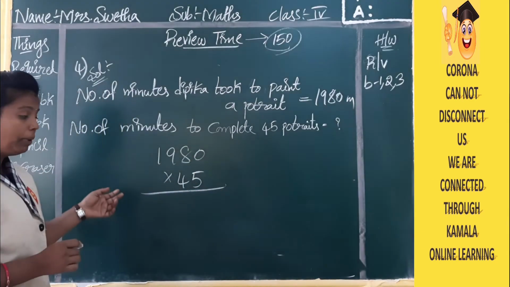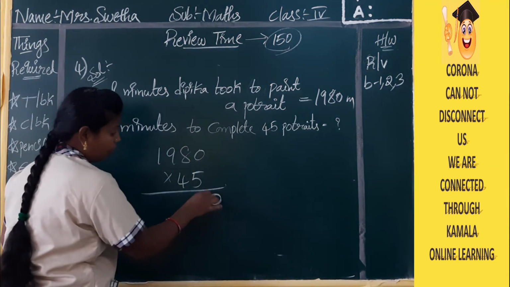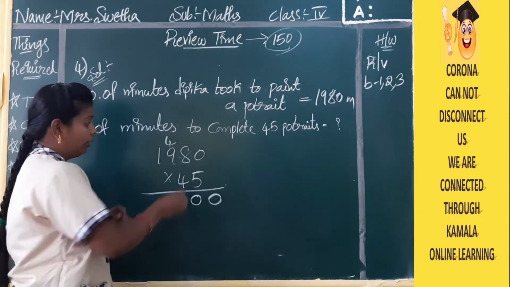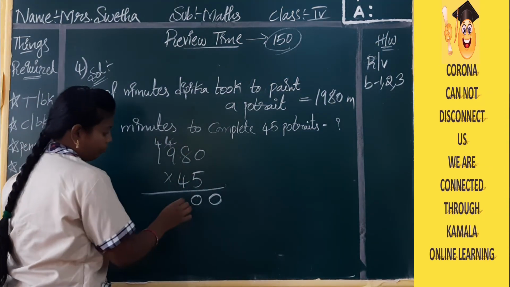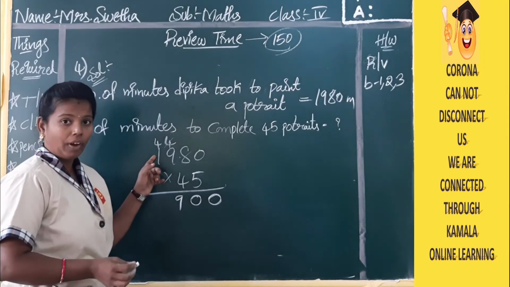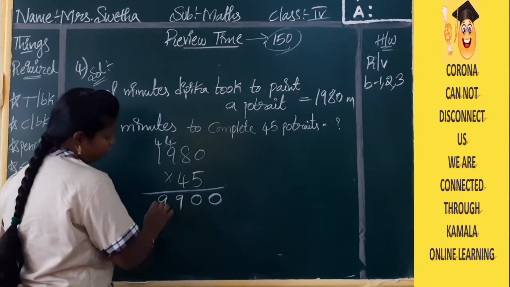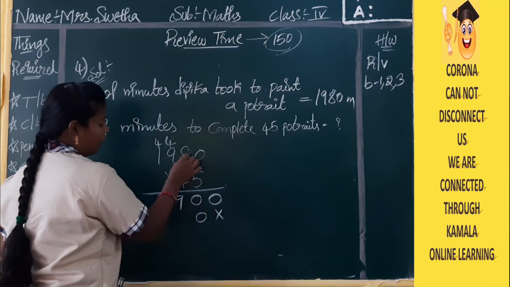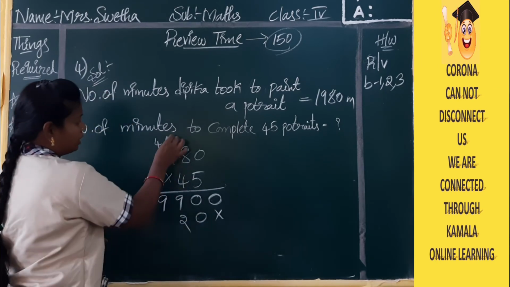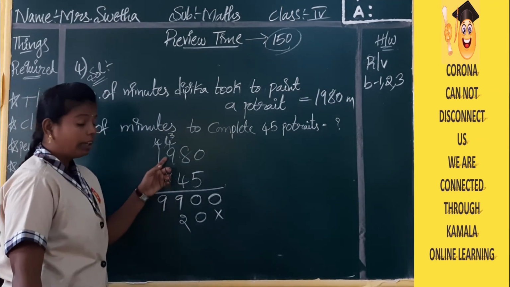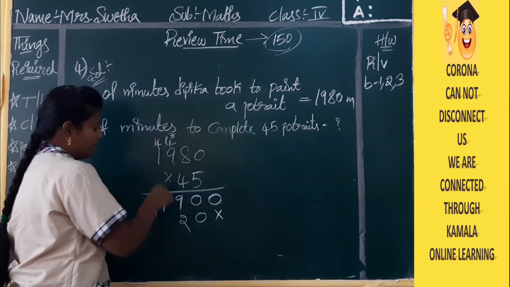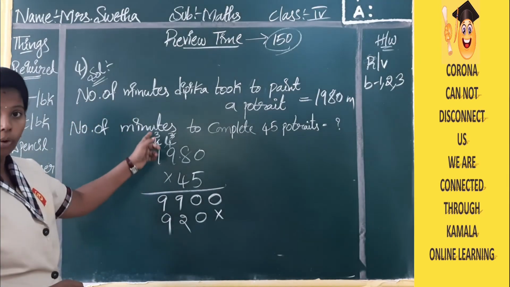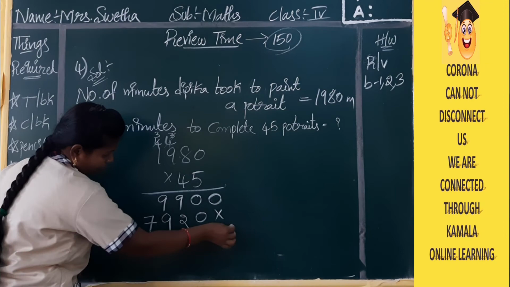Here it is 2-digit multiplication. 5 zeros are 0, 5 eights are 40, 5 nines are 45, plus 4, 49. 5 ones are 5, plus 4 is 9 again. Now we have to multiply with the next digit. 4 zeros are 0, 4 eights are 32, 2 is down, 3 is up, 4 nines are 36, 36 plus 3, 39, 3 is up, 9 down. 4 ones are 4, 4 plus 3, 7.